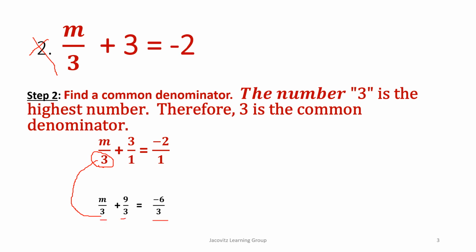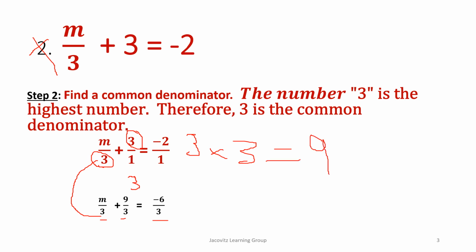Now here's the situation. When you get ready to do this, 3 goes into 3 one time, so you just place it down. 3 goes into 3 three times, but 3 times this 3 equals 9.